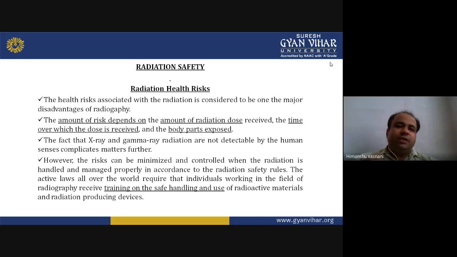The health risks associated with radiation are considered one of the major disadvantages of radiography. The amount of risk depends on the amount of radiation dose received, the time over which the dose is received, and the body part exposed.